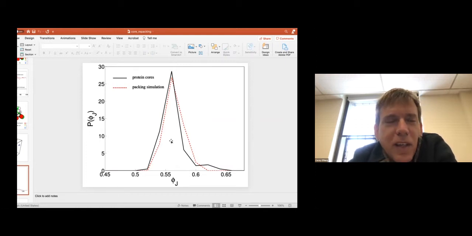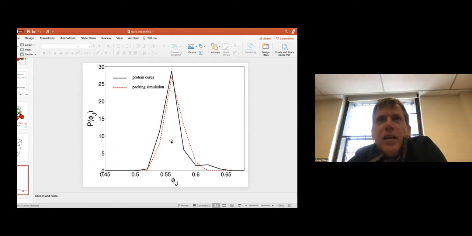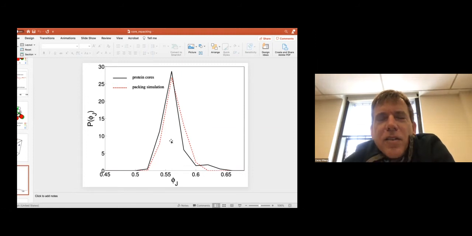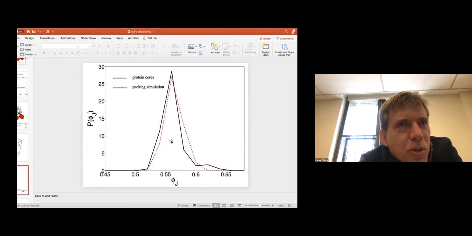And so some of the outstanding ideas are two. The things that weren't included in the simulation are the fact that proteins do fluctuate with temperature. And so, for example, they could be at physiological conditions, so room temperature.